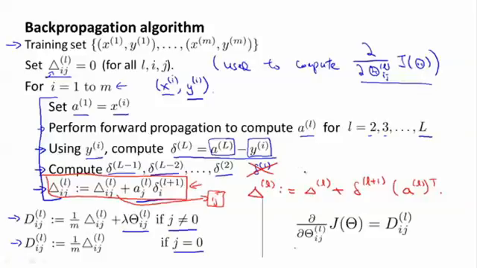While the formal proof is pretty complicated, what you can show is that once you've computed these D terms, that is exactly the partial derivative of the cost function with respect to each of your parameters. And so you can use those in either gradient descent or in one of the advanced optimization algorithms.